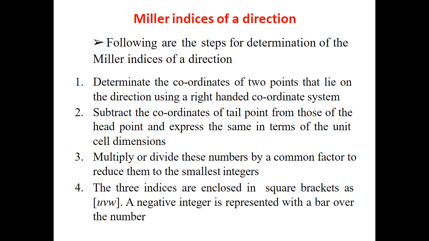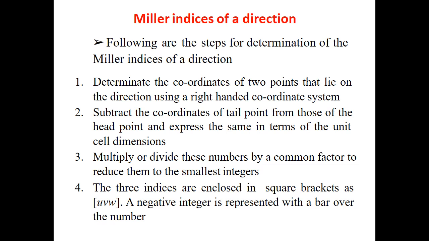And last step, the three indices are enclosed in square brackets as u, v, w. Now three indices means it's a three-dimension lattice, and square brackets you need to use. That is important. For representing Miller indices of a direction, you need to use square brackets.